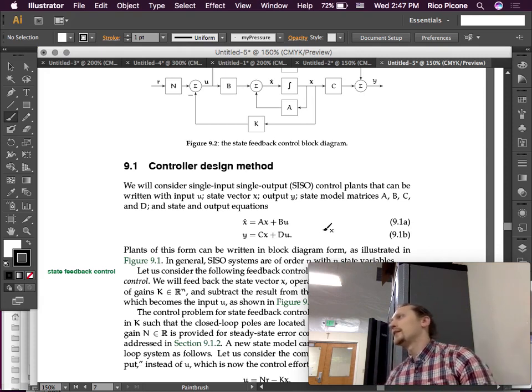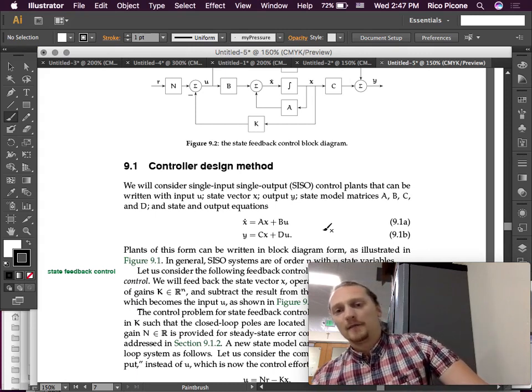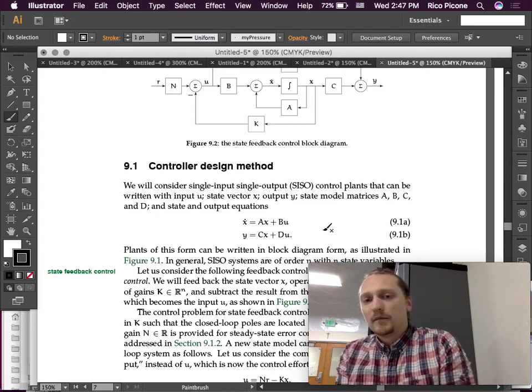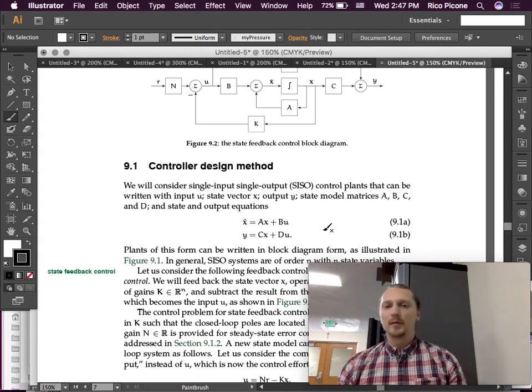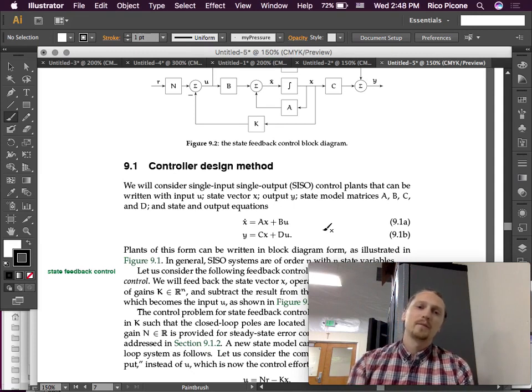Unfortunately, even this is single input, single output. It would be nice if our time would allow us to do multiple input, multiple output. But for now, we're just going to do single input, single output, but we are doing a state space model instead of a transfer function model. So at least doing that.